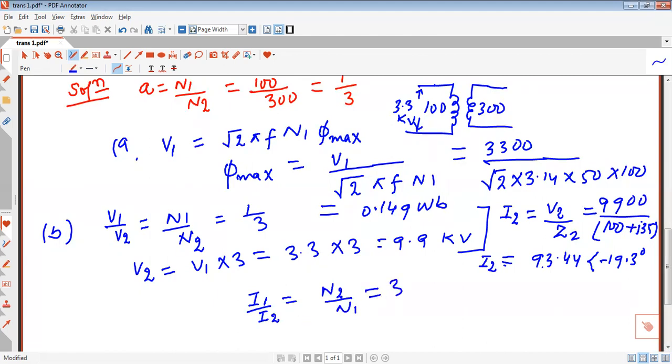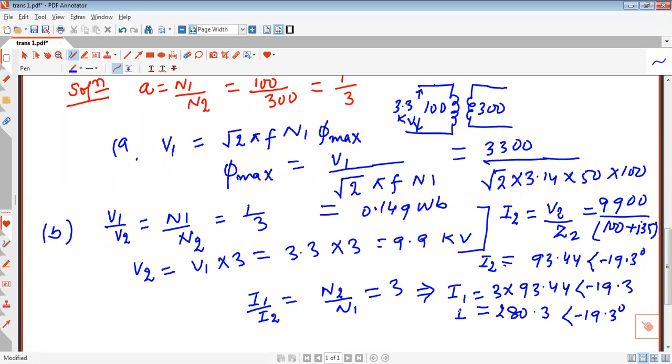Putting the value of I2, we get I1 equal to 3 times I2, and I2 is 93.44 with angle minus 19.3. After multiplication by 3, it will be equal to 280.3, and the angle will be minus 19.3 degree.